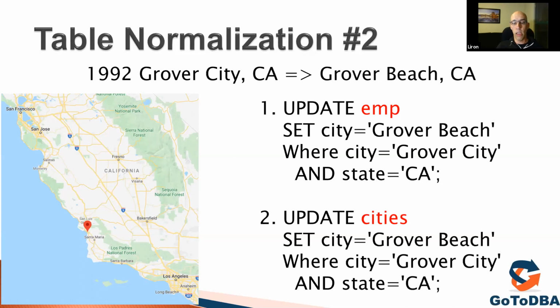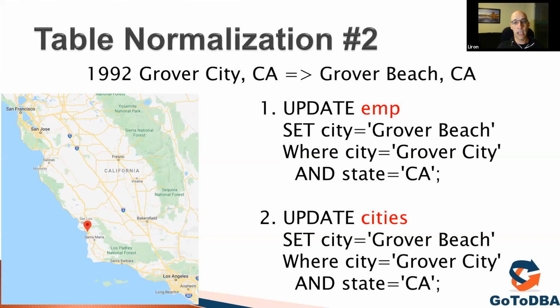If we had a few hundred or a few thousand employees that lived in Grover City, we would need to change the name of the city from Grover City to Grover Beach. In the first case, we'll update the employee table because it has the city in it as text, and we need to update all the cities from Grover City to Grover Beach.